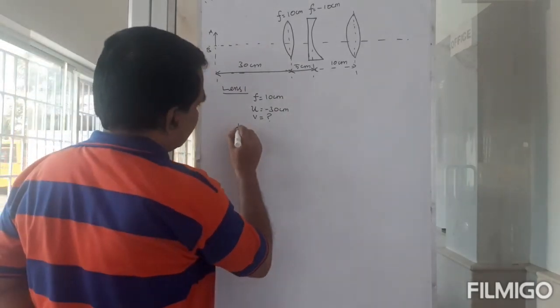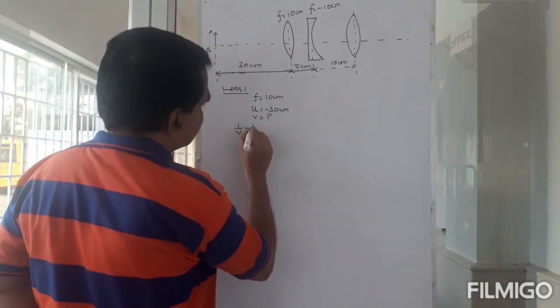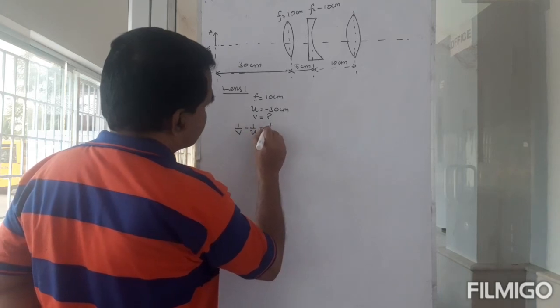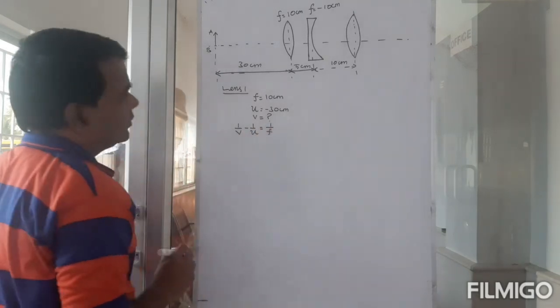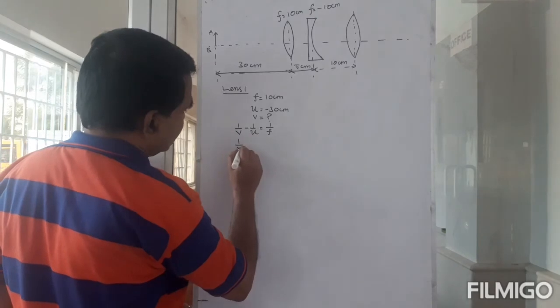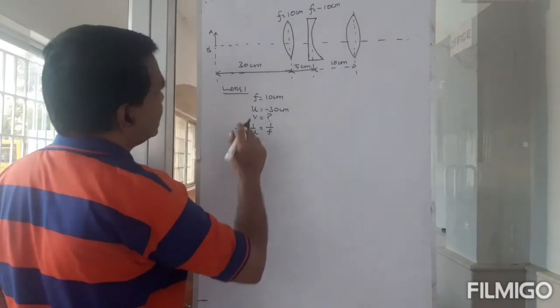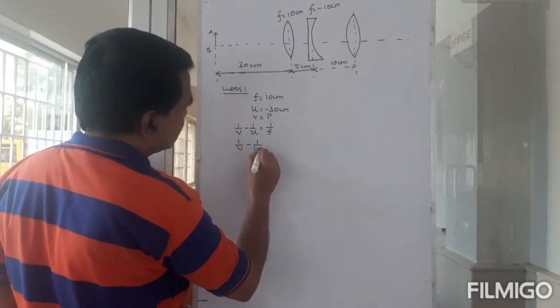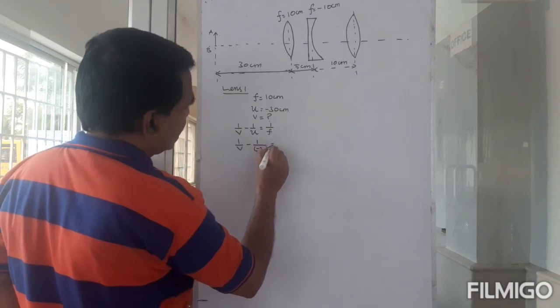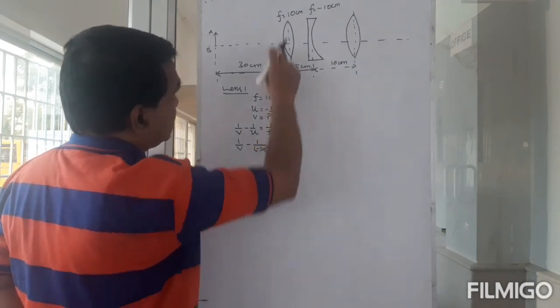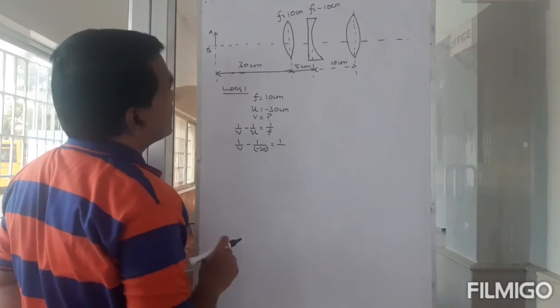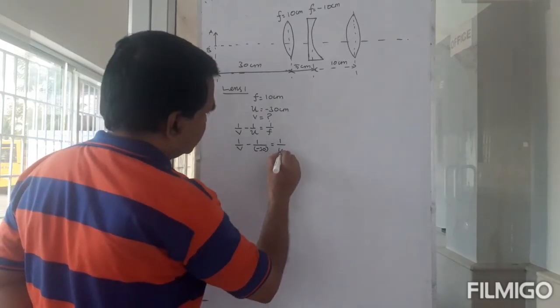What is the formula? 1 by v minus 1 by u is equal to 1 by f. So 1 by v I have no idea, minus 1 by u, where u is minus 30, and that must be equal to 1 by f, which is positive because it is a convex lens, so 1 by 10.